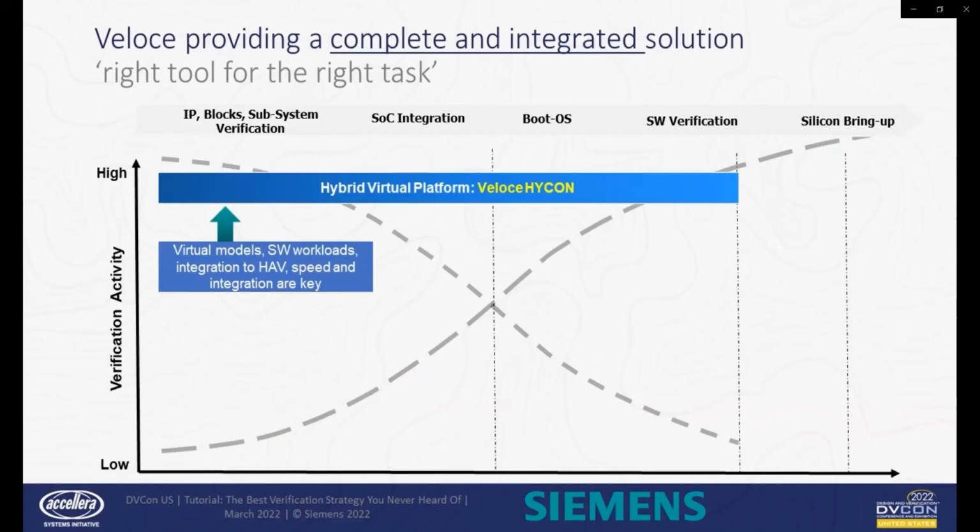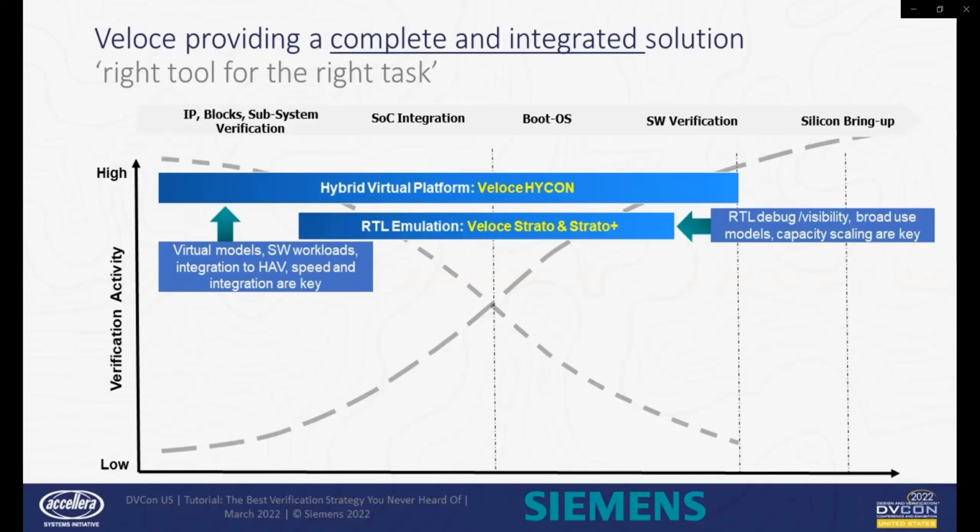There is a need for virtual model software workloads and very good and strong integration to hardware-assisted verification and running fast. Veloce HYCON is the only solution in the market enabling early software workload analysis. It is completely integrated with the Veloce hardware-assisted verification platform offering.